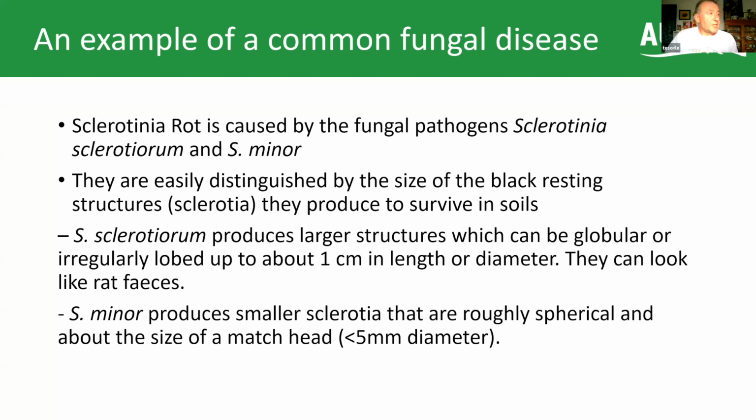The larger ones being Sclerotinia sclerotiorum, and they form those globular, irregular lobed structures that can look a bit like rat feces. And Sclerotinia minor has smaller sclerotia, which are roughly spherical and about the size of a match head.